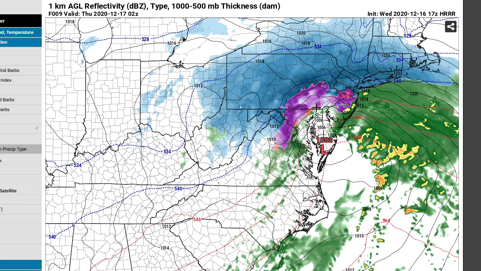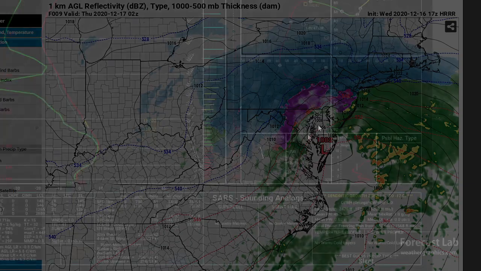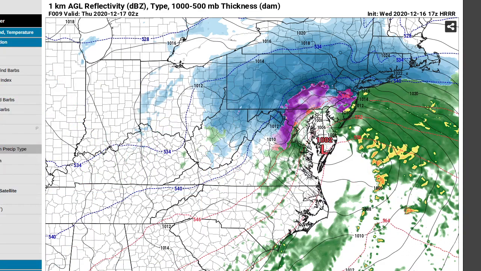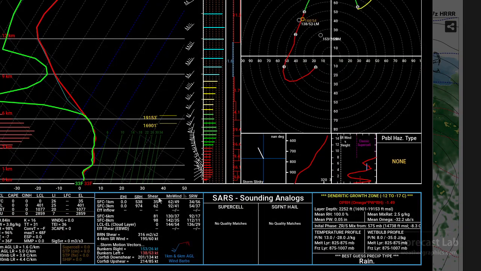Now to support freezing rain, we need a shallow layer near the surface that's below freezing, and I'm not really finding much of that poking around on these soundings. That looks like very deep cold air, southeastern Pennsylvania, around Philadelphia. We can see some warm air near the surface, so warm air advection is really dominating effects near the surface.